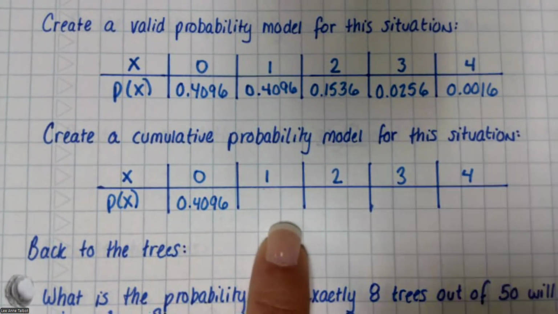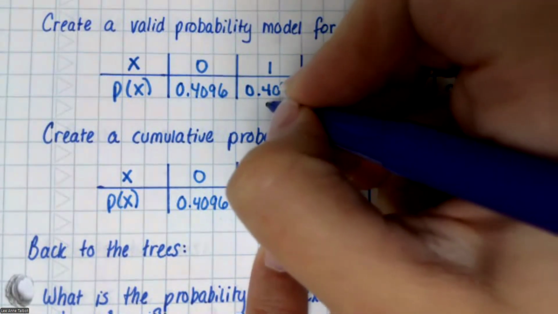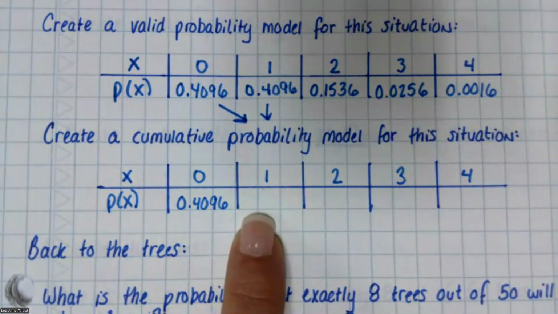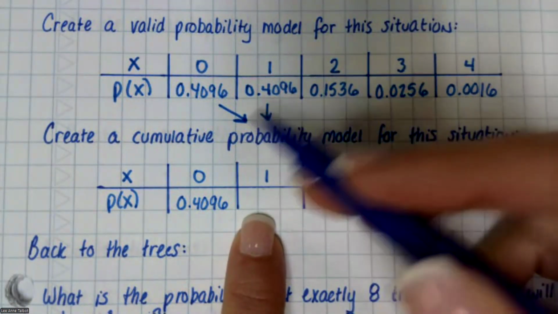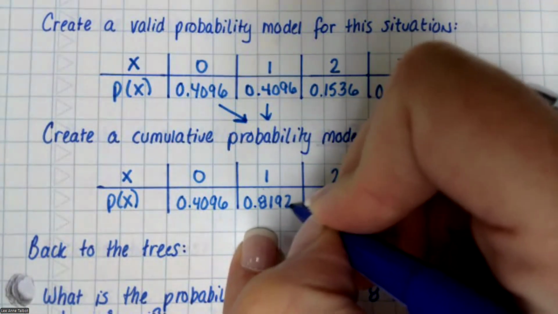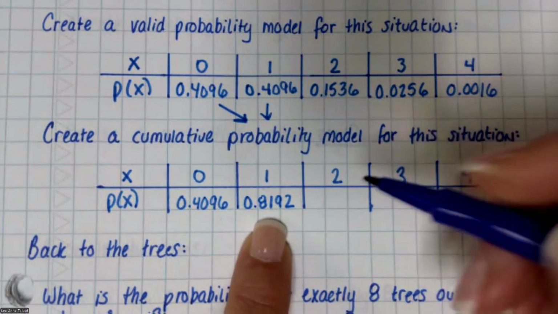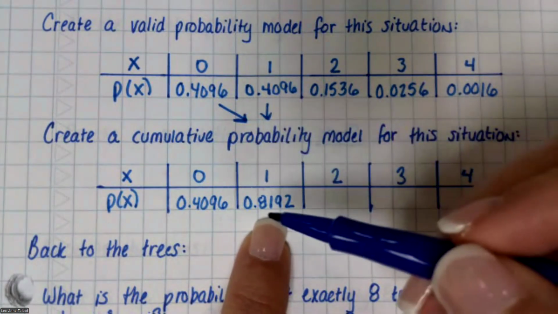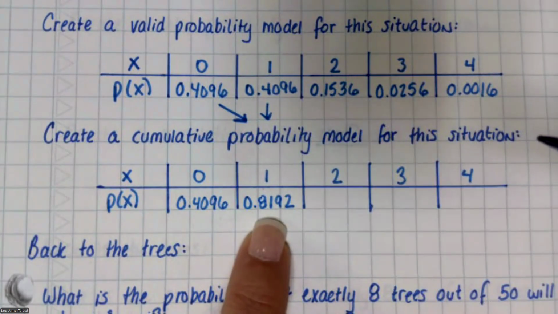Okay, now this box is the probability of getting less than or equal to 1 correct. So you add these two, which is kind of what I was saying earlier. So it's about an 82% chance that I get either 0 or 1. Are you guys following me? Okay.